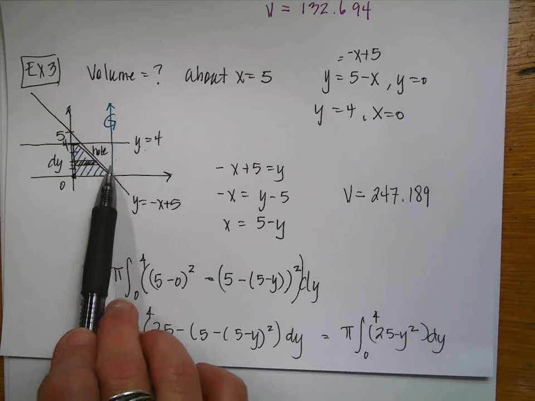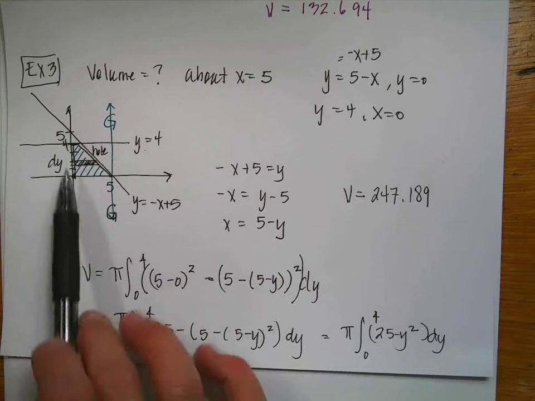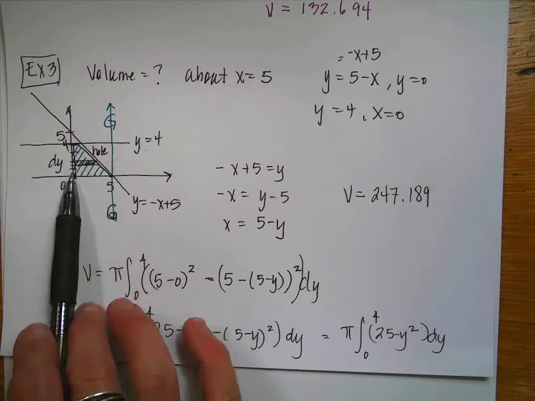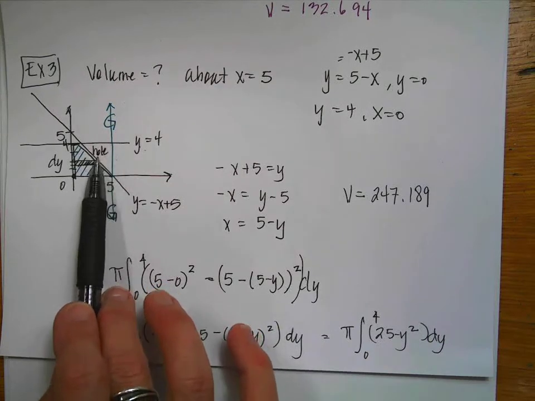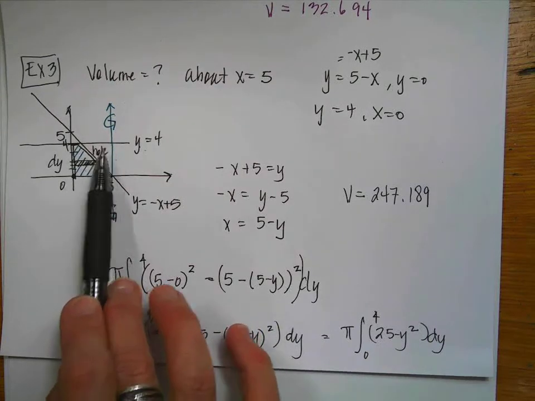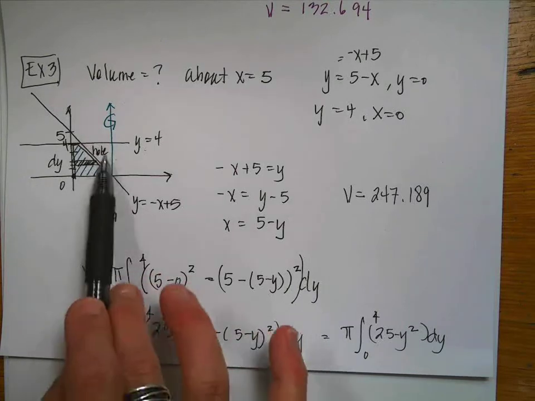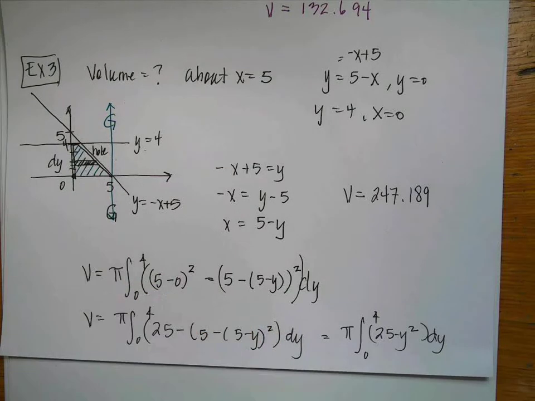We revolved our image, this little trapezoid, about the vertical line x is equal to 5. My whole thing is this rectangle, 5 minus 0, and then I took away the hole and I did 5 minus this curve. That's the area of this region. When I take the big rectangle and subtract the hole, it leaves the area of what I want.